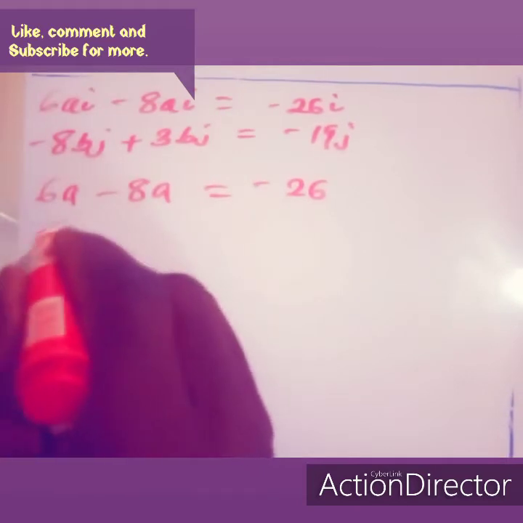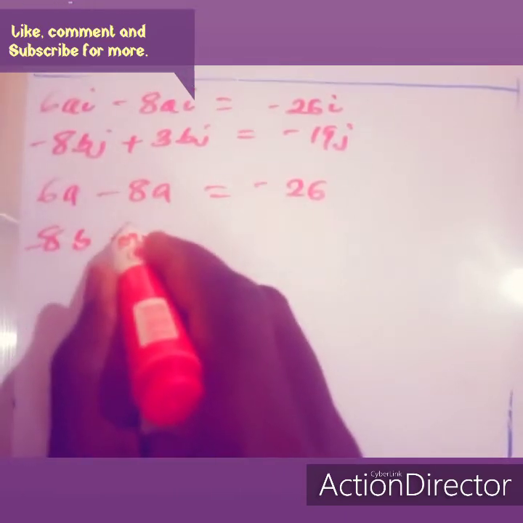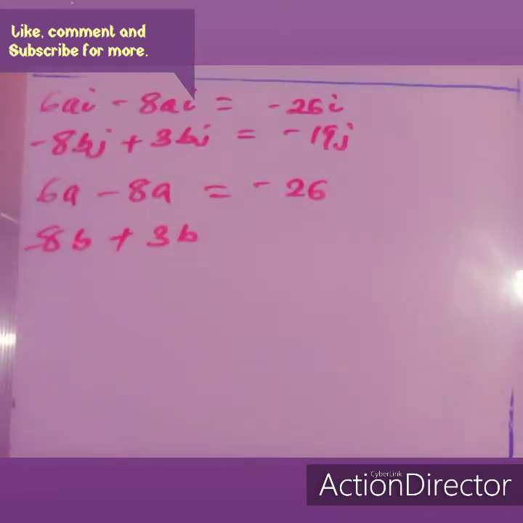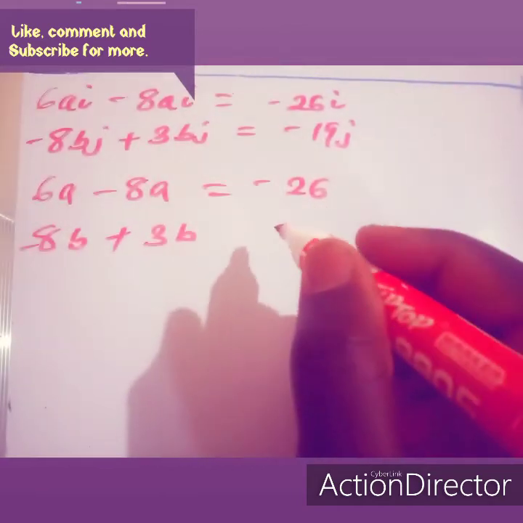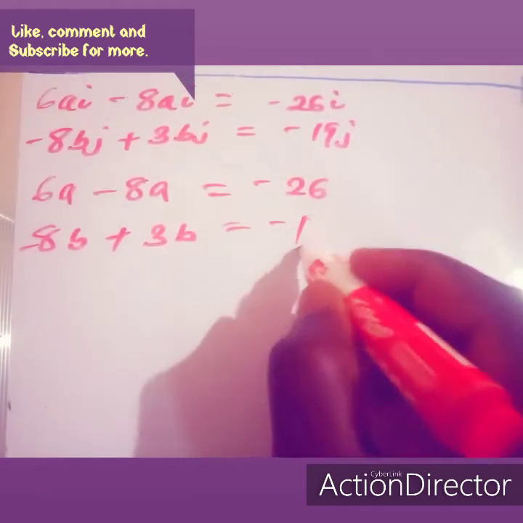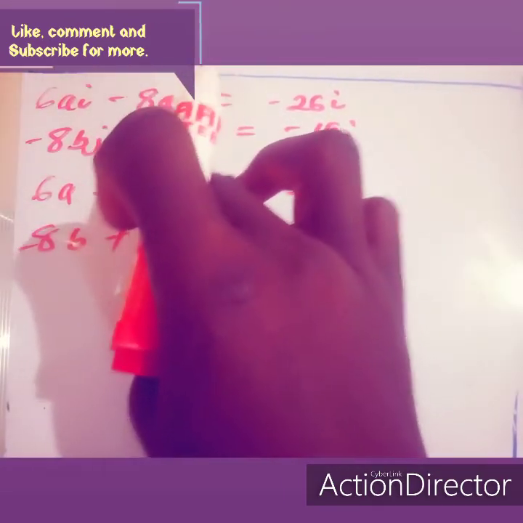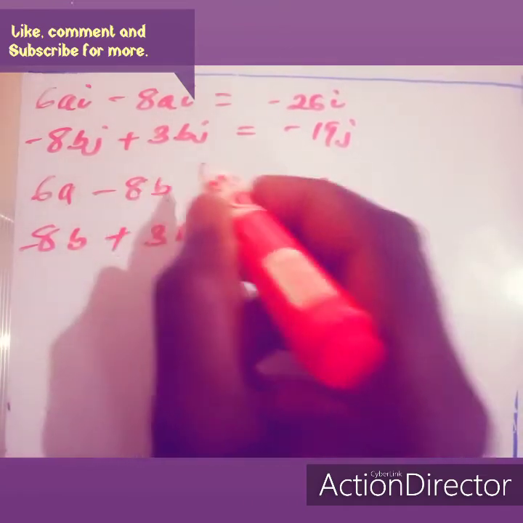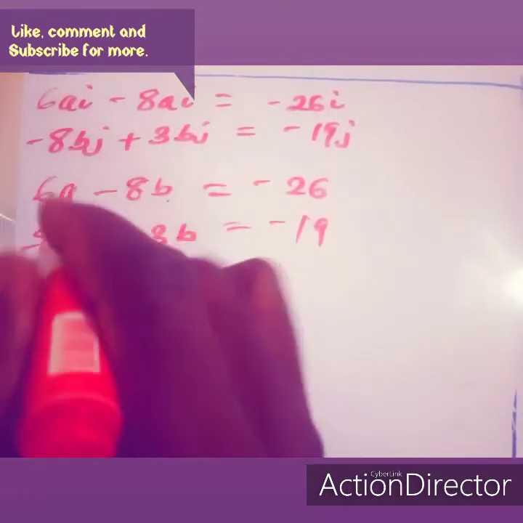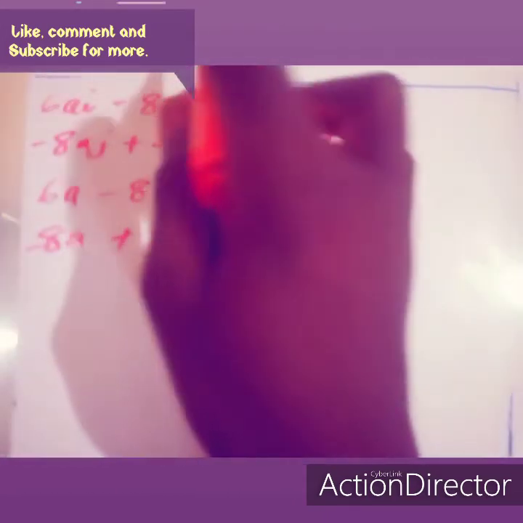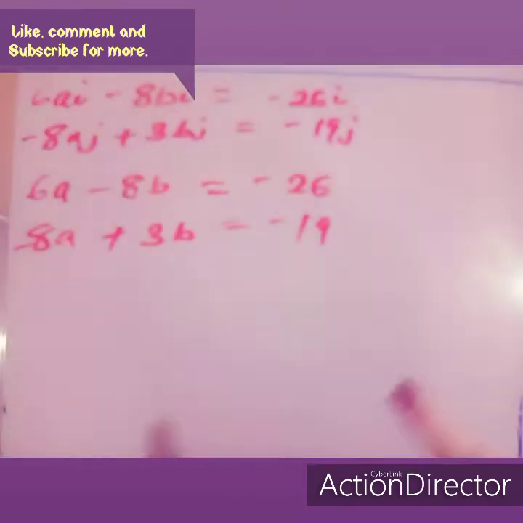Then we have minus 8a plus 3b, so this will be equal to minus 19. Oh yeah, sorry, here I was writing an a, it's supposed to be a b. Yeah, something like this. Okay, like that.